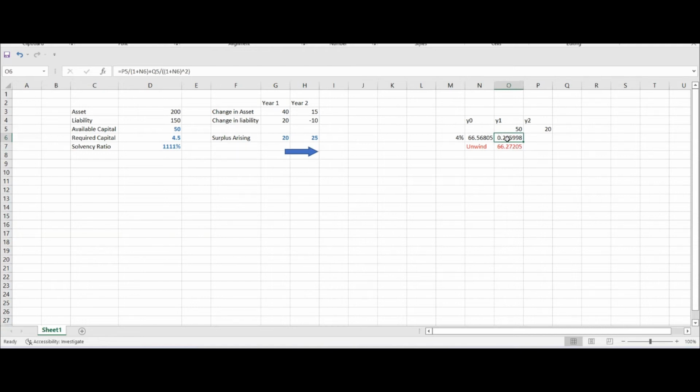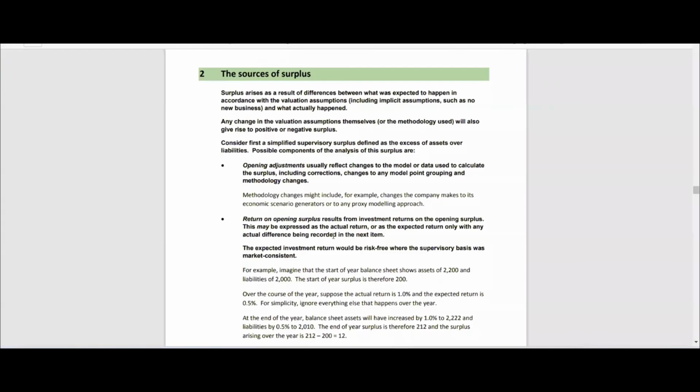It's just the time value, and because of that, this is the unwind. So there would be an unwind because you have an expected rate, and if nothing has changed, you will get some results. That is also part of the economic assumption change, right? So it can be split into unwind and the difference between expected and actual. The economic assumption can be split into that. So yeah, just wanted to call that out.